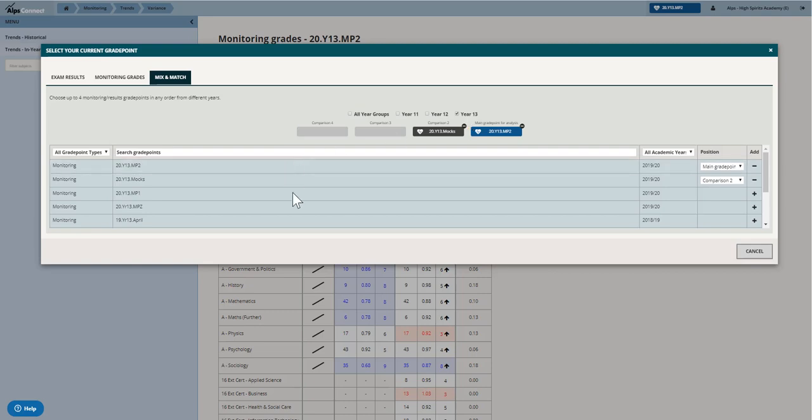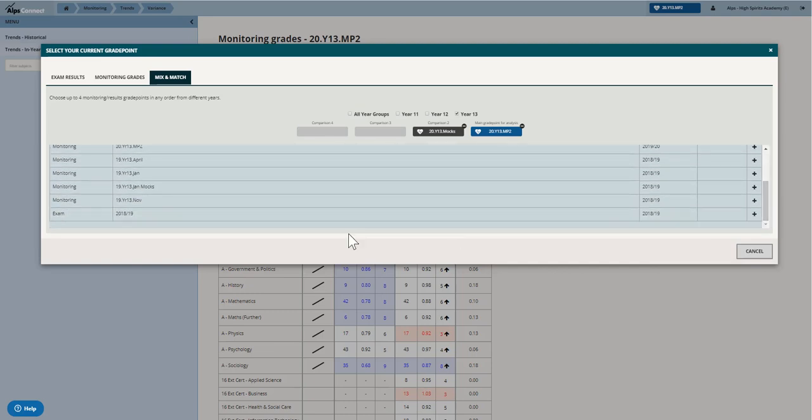Tick year 13 because that then just filters out all of the other year groups and just leaves me with my year 13 grade points. And I'm going to add to this comparison 3, I'm going to add last summer's outcomes. Okay, so exam 2018-19. Now, I know that it is a different cohort of students, but I'm just interested to see how the predictions are faring.